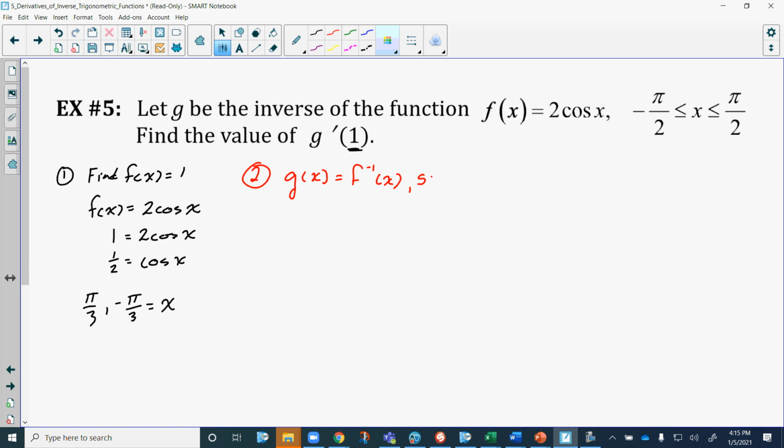So what that means is that f of pi over 3 being equal to 1 will tell me that g of 1 will be equal to pi over 3.